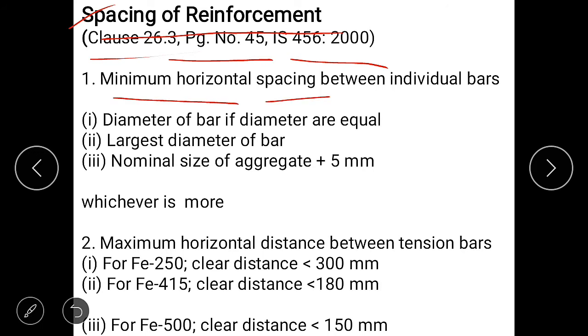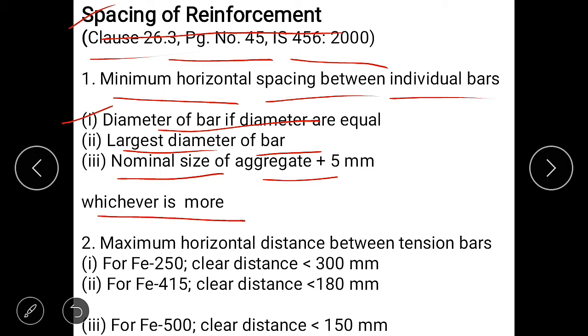Minimum horizontal spacing between individual bars, meaning minimum spacing between two bars: first is the diameter of the bar, if diameters are equal; second, the largest diameter of bar; and third, nominal size of aggregate plus 5 mm. Use whichever is more among these three.